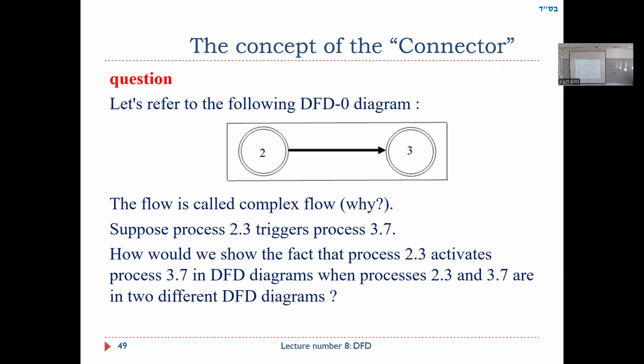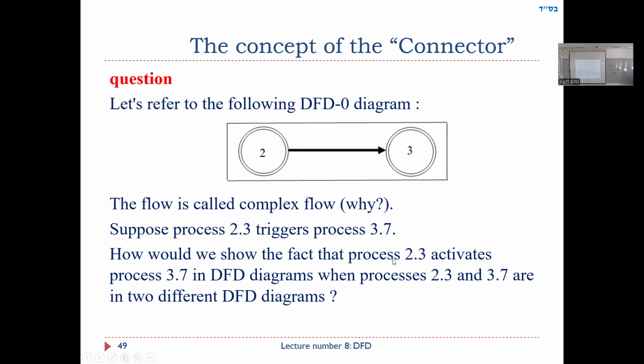Let's refer to the following DFD 0, 2 to 3. The flow is called complex flow. Why is that a complex flow? Because it's going between two complex items. We have to specify exactly where it's going. Suppose 2.3 triggers process 2, maybe it's really 2.3 going to 3.7.